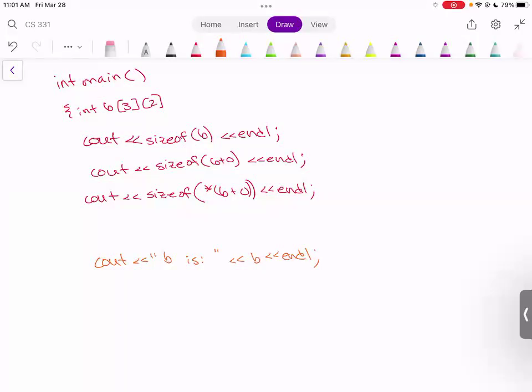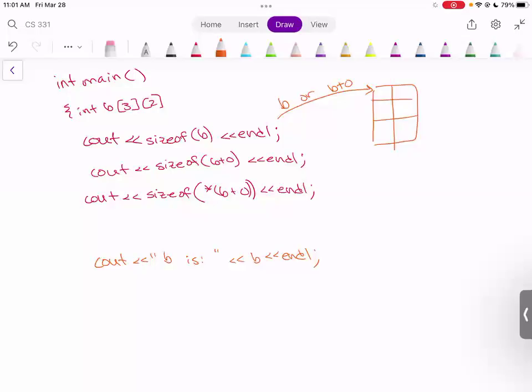Okay, let's try it then. So you have B being a 2D array. So it's a 2D array with 3 rows and 2 columns. So now, when we say B refers to the top row, it would be B or B plus 0.